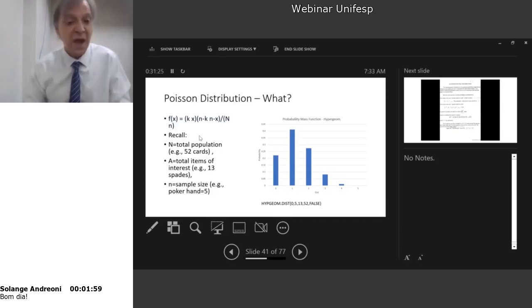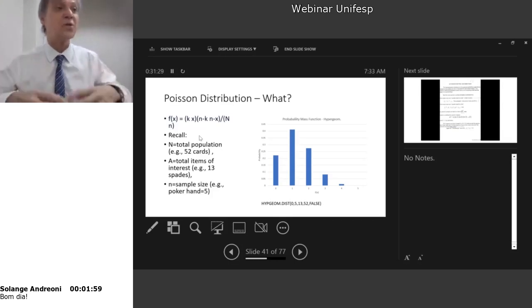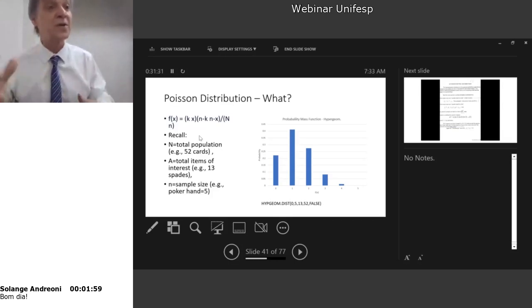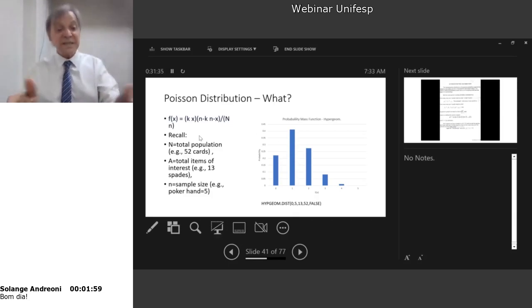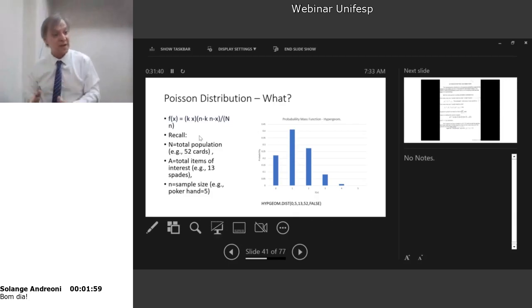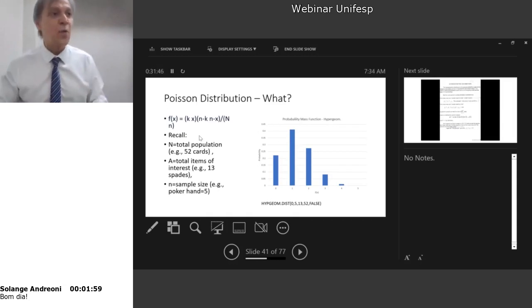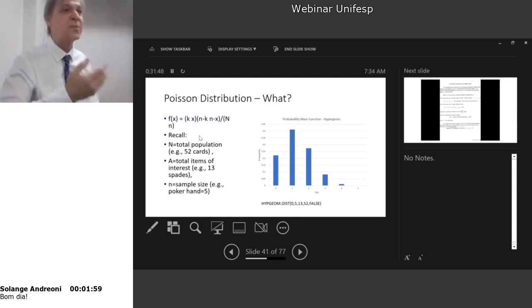Then you have your total items of interest. I'm interested in spades. I'm playing poker. I use poker because 80% of the people I know have played poker once. So there are 13 spades in a poker game: 52 cards, 13 of those are spades, espada in Portuguese, right? And then you have your sample size. What is my sample size? I randomly sample from the population.